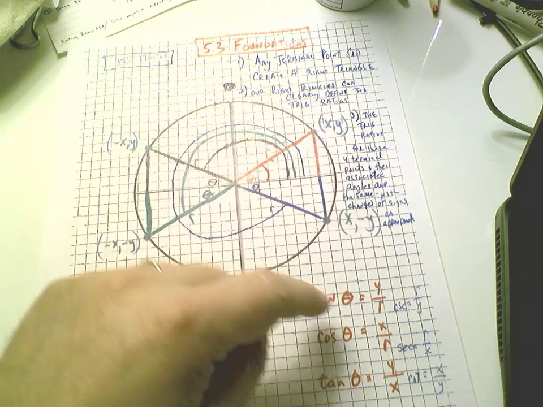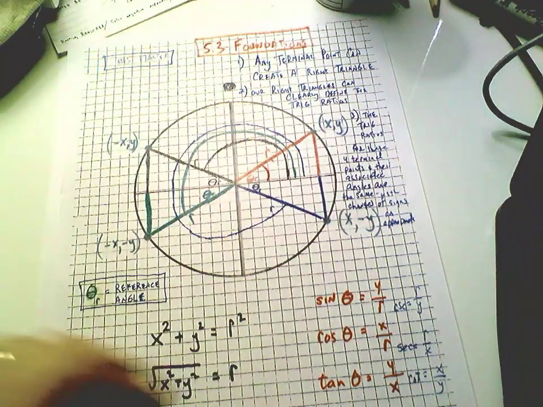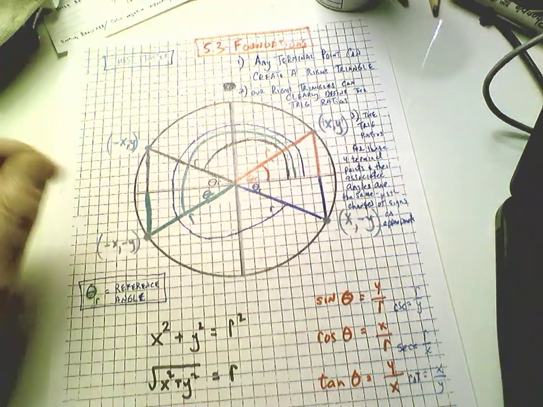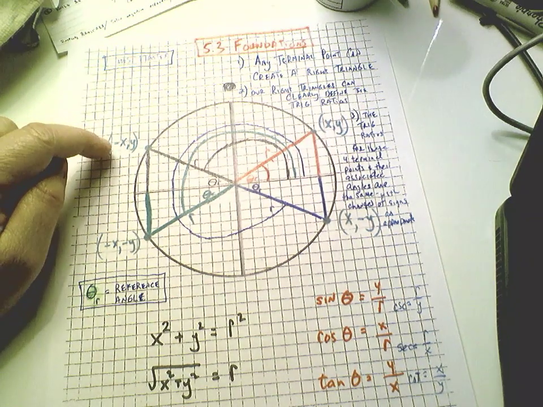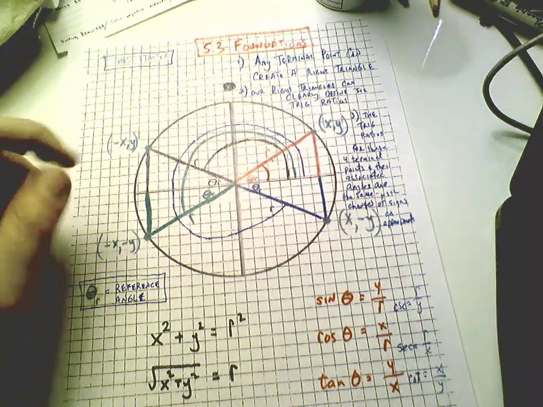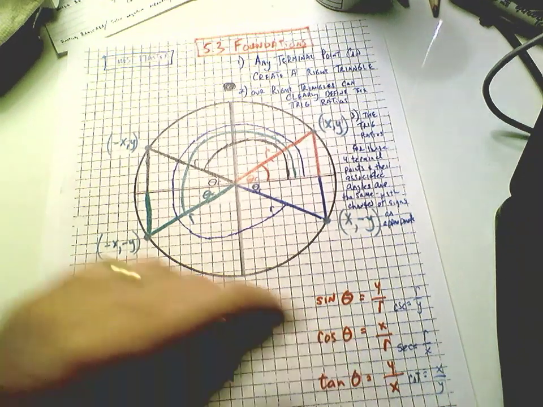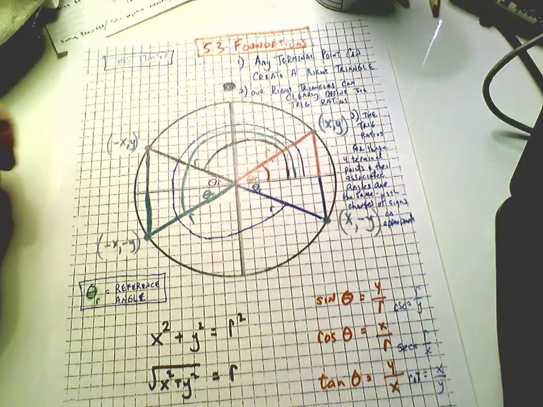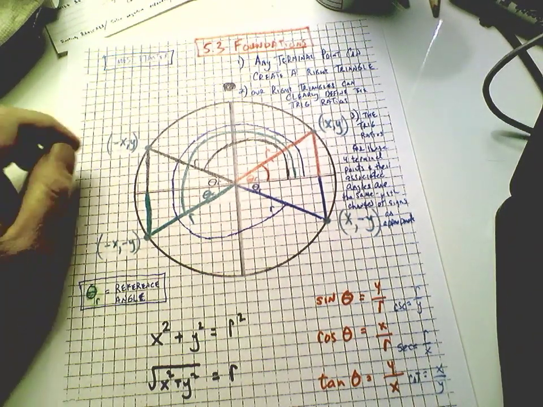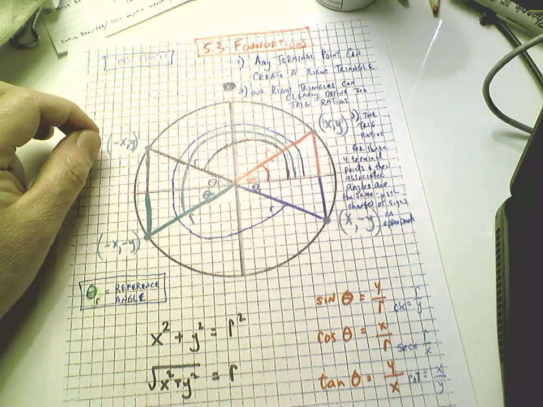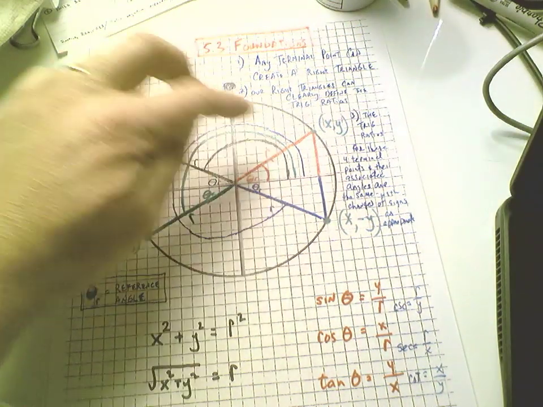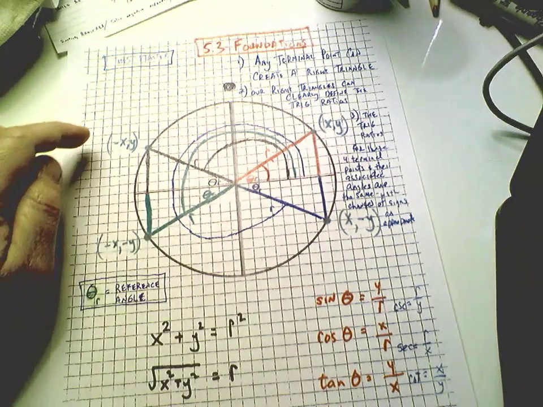The sine of that black angle is going to be positive. The cosine is going to be what? Our x coordinate happens to be negative, so negative x over r. And our tangent is going to be y over negative x. The tangent and cosine will both be negative for this angle associated with that black arc. The sine is going to be positive.